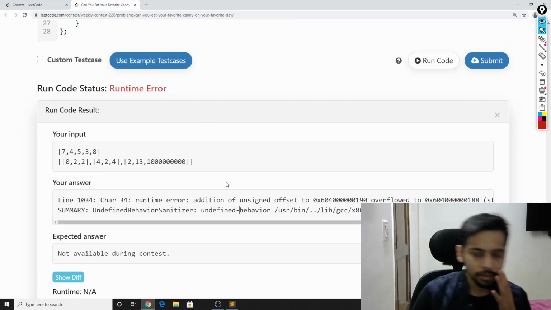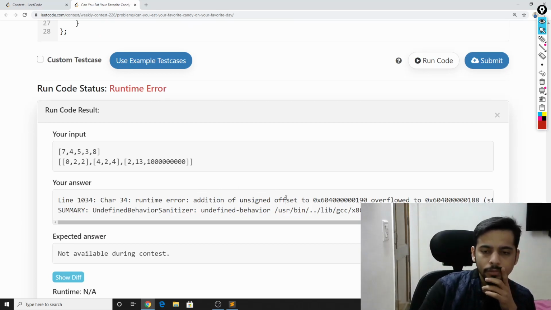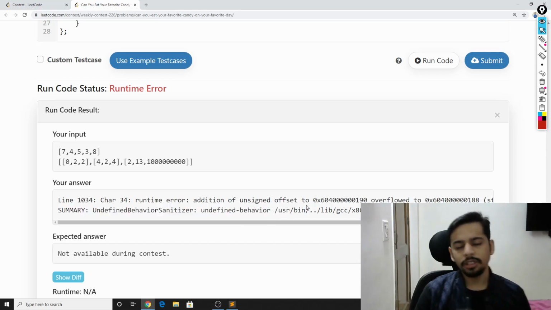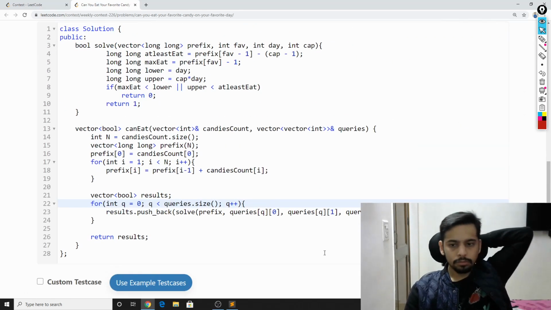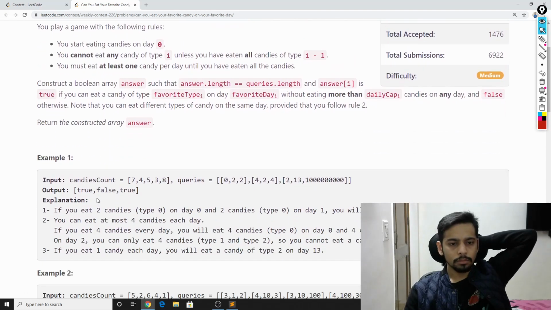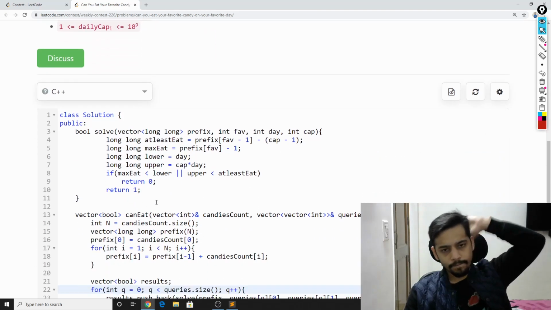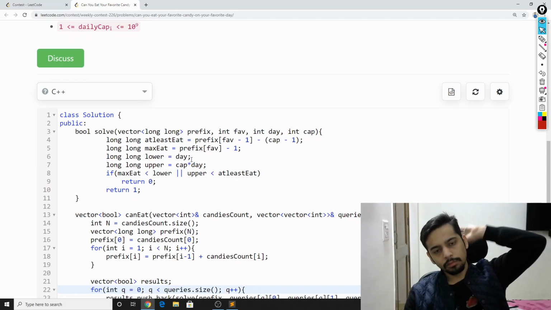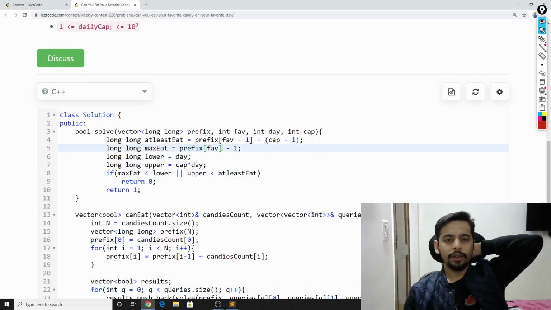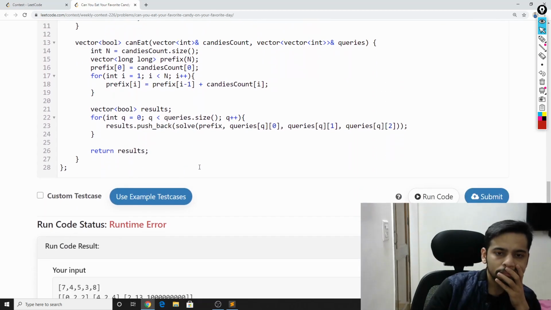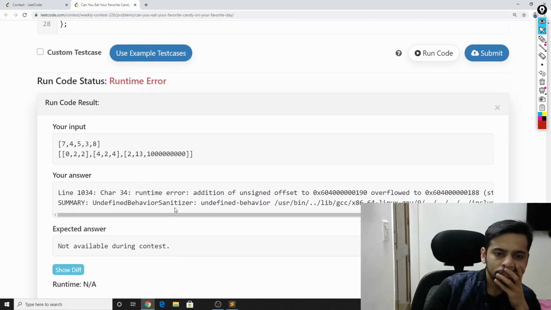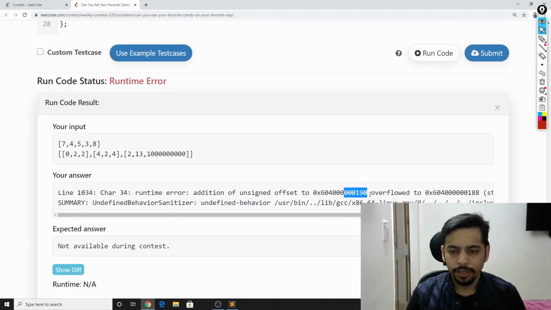Runtime error, nice. Addition of unsigned offset to this, overflow to this. It looks like an overflow, of course. Prefix at fav minus 1. Addition of unsigned offset to this.